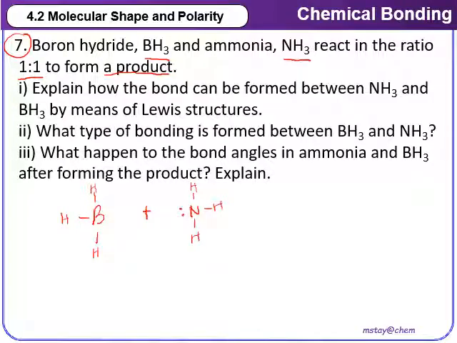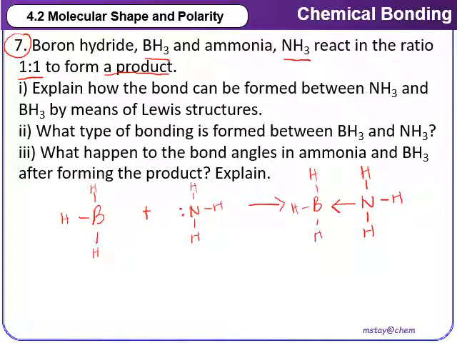So when the ratio here is 1 to 1, it means that they will form a compound where the lone pair electron from nitrogen will be shared with boron to form a new bond.